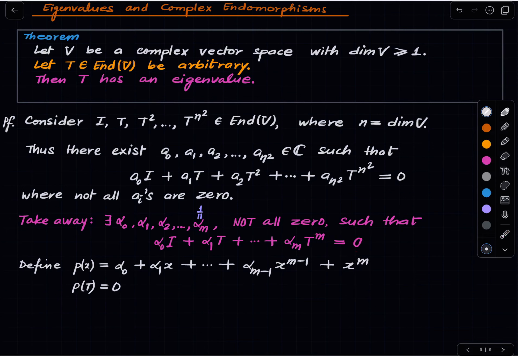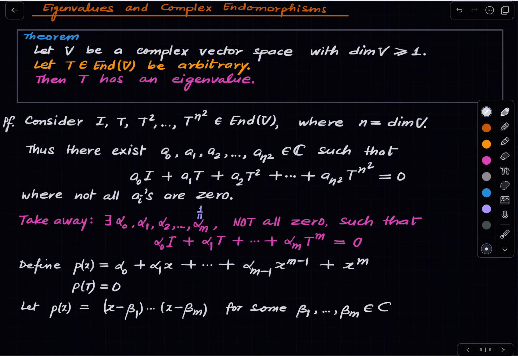And now by what we discussed in the previous slide, we can write P(x) as the product of linear factors for some beta 1 up to beta m. And since P(T) is 0, we have this composite is 0.